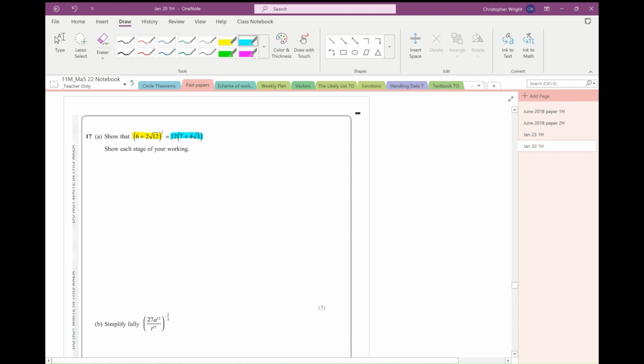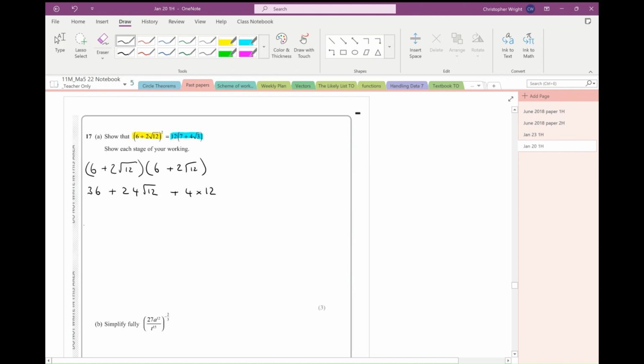So what I'm going to do is start off by simplifying the left-hand side. So I've got 6 plus 2 root 12, squared. Okay, so I'm simply going to expand these 2 brackets. That gives me 36 plus 12 root 12, and I've got 2 of those, so 24 root 12, plus 4 times 12.